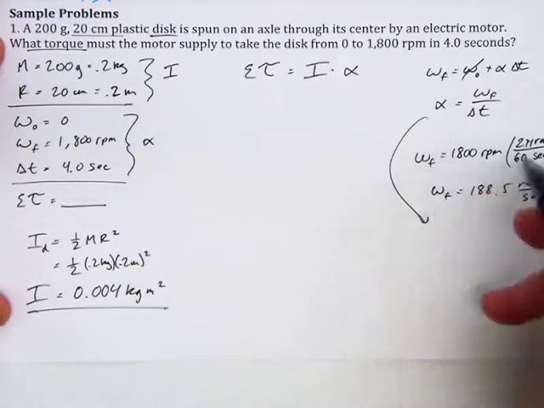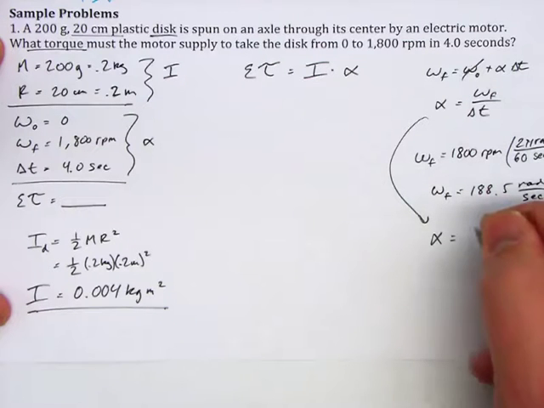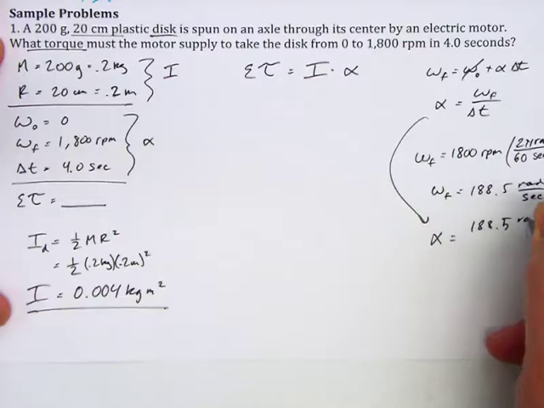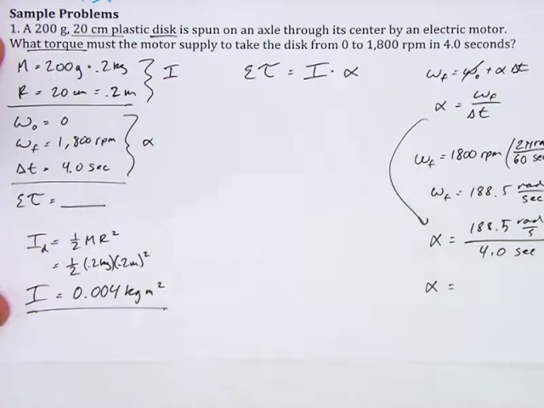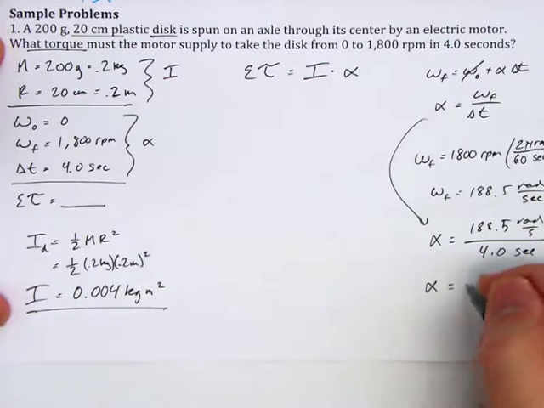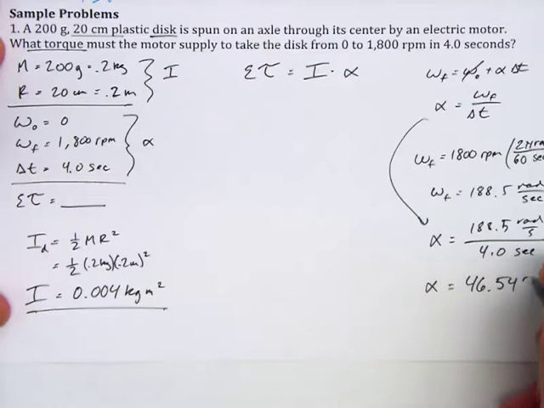So we'll continue on. Alpha will be omega final, which is 188.5 radians per second, divided by the time interval, which is 4.0 seconds. So I get an alpha of 47.1 radians per second squared.